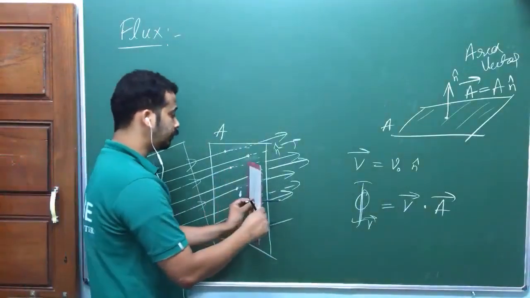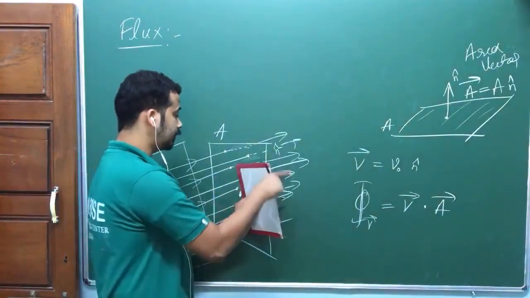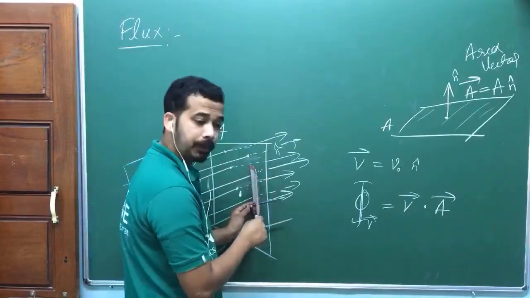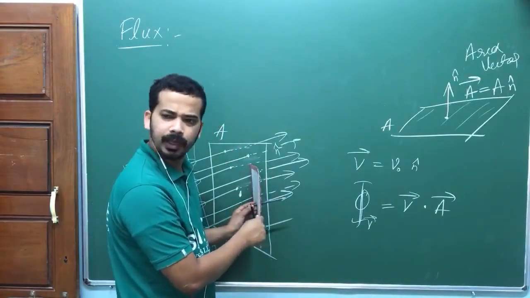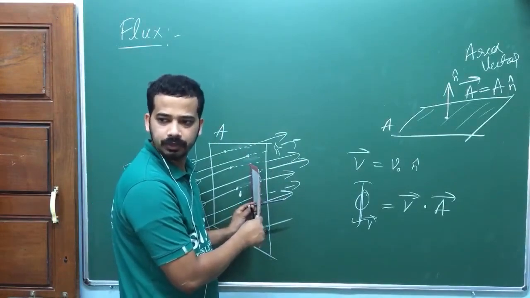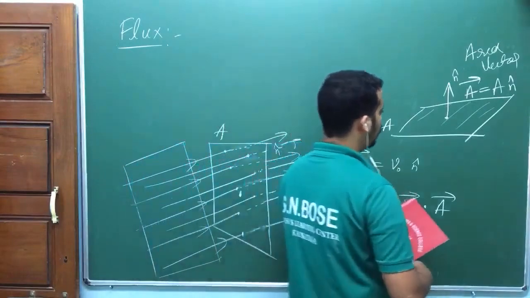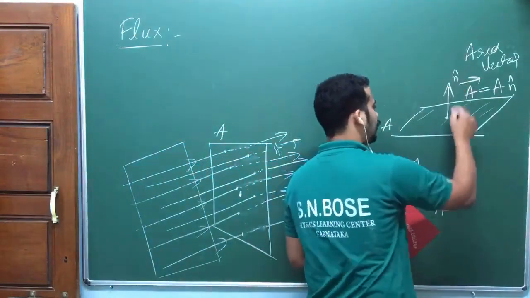Because when you place this area perpendicular to the vector field, the area vector will be parallel to the vector field. Parallel or anti-parallel, that's your choice, am I right? Whenever you have an area like this, you can take the area vector like this or like this also.